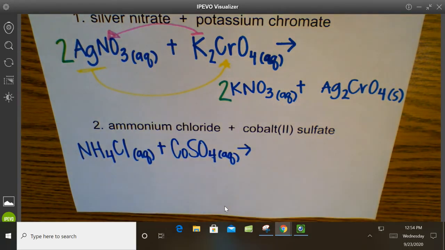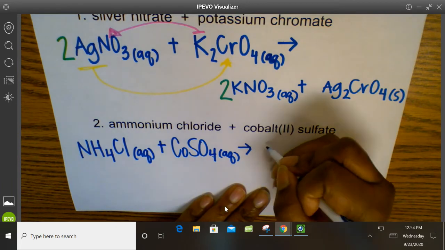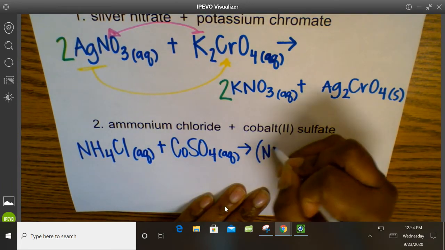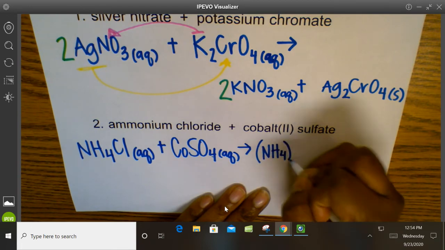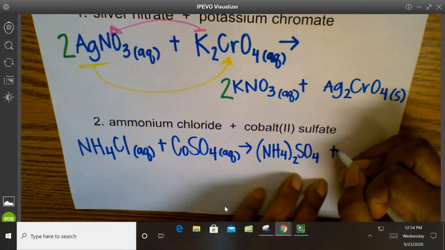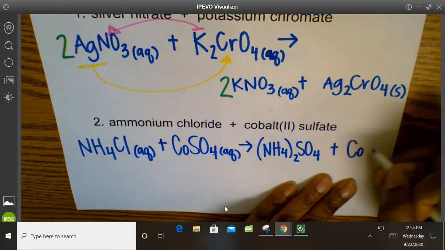Okay, because it is a double replacement reaction, cobalt is going to connect to the chloride, and ammonium is going to connect to the sulfate. So ammonium sulfate, (NH4)2SO4. And then we have cobalt 2 chloride, CoCl2.